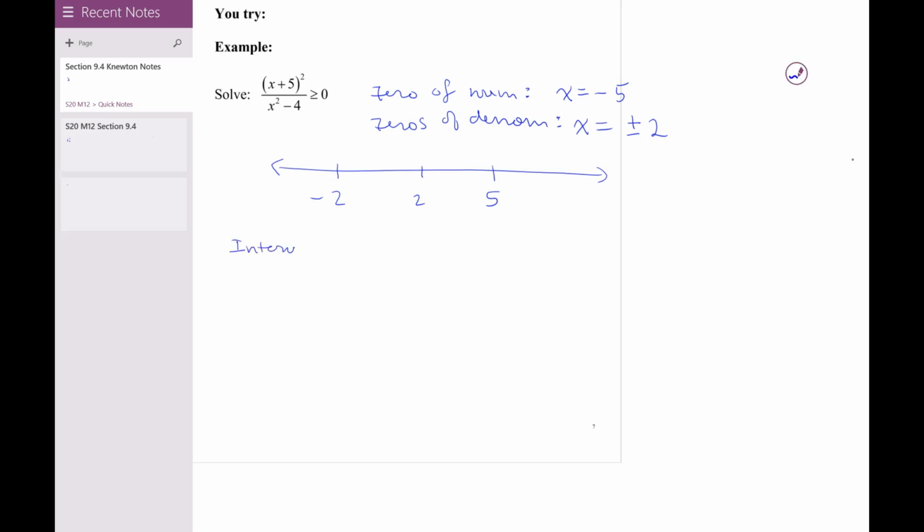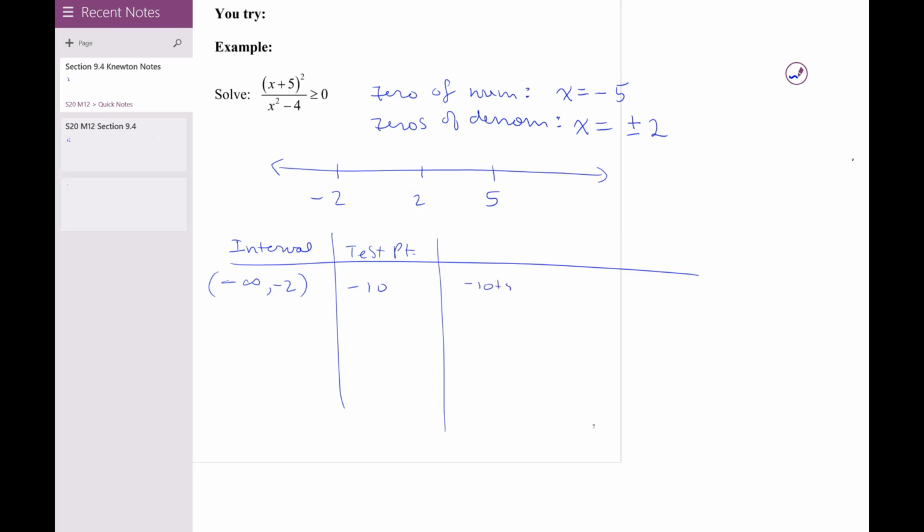So our intervals, the first one will be negative infinity to negative 2. So let's use a test point of negative 10. Then negative 10 plus 5, quantity squared, over negative 10 squared minus 4. We want to know if that's positive.